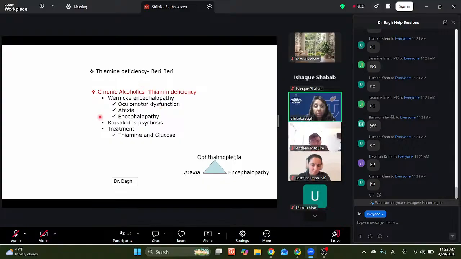If you don't solve thiamine deficiency in chronic alcoholics at the Wernicke level, then they go into psychosis. This is not very easily reversible. Confabulation, making false stories. That's not a good stage to revert thiamine deficiency. Yes, you give thiamine and glucose. So you do talk about thiamine deficiency in chronic alcoholics.